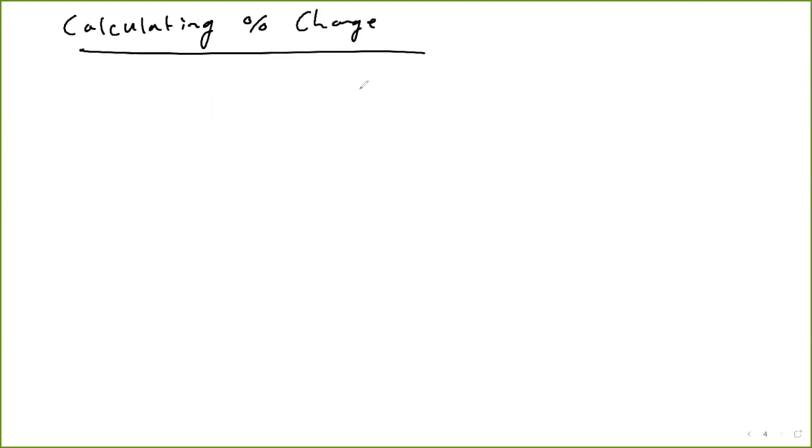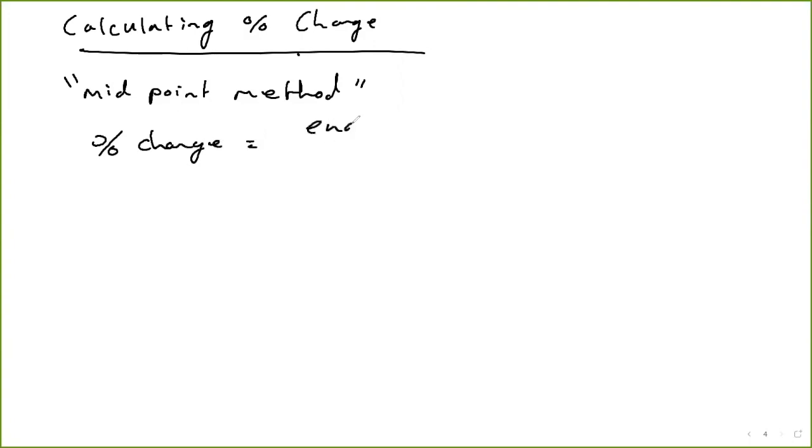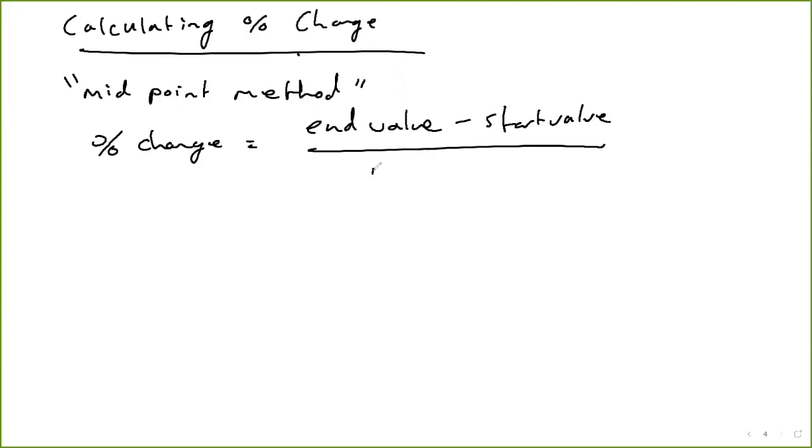Now, if you don't already know the percentage change, as I gave you in the last example, doing so is fairly straightforward. There are a handful of ways you can calculate percentage change. What we're going to use in this class is called the midpoint method. And the midpoint method defines the percentage change as the end value minus the start value, all divided by the midpoint, times 100.